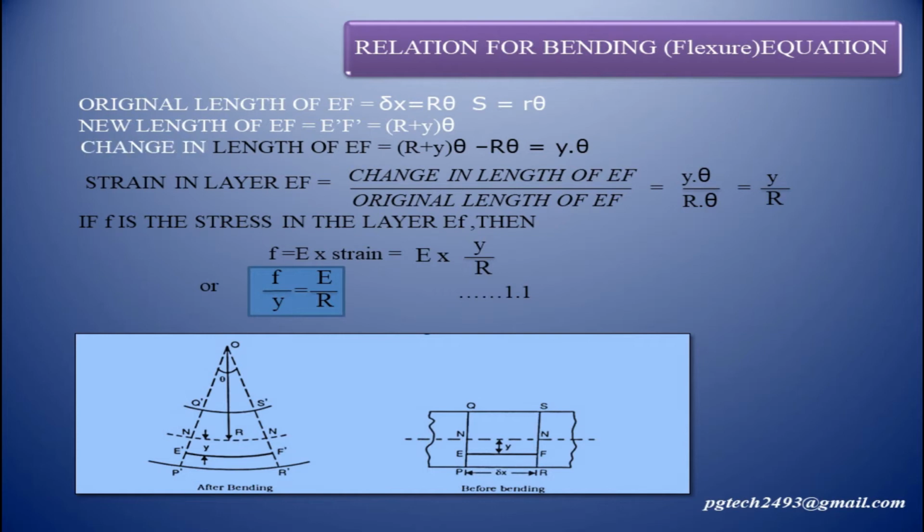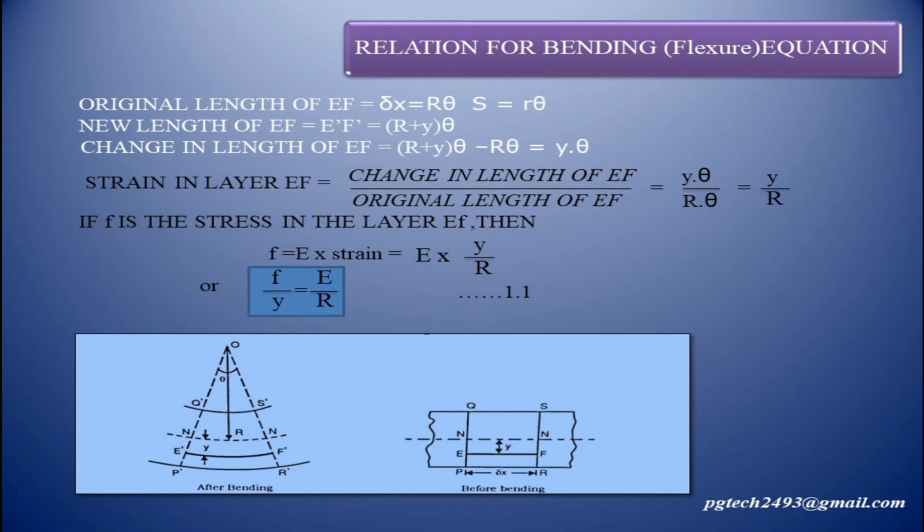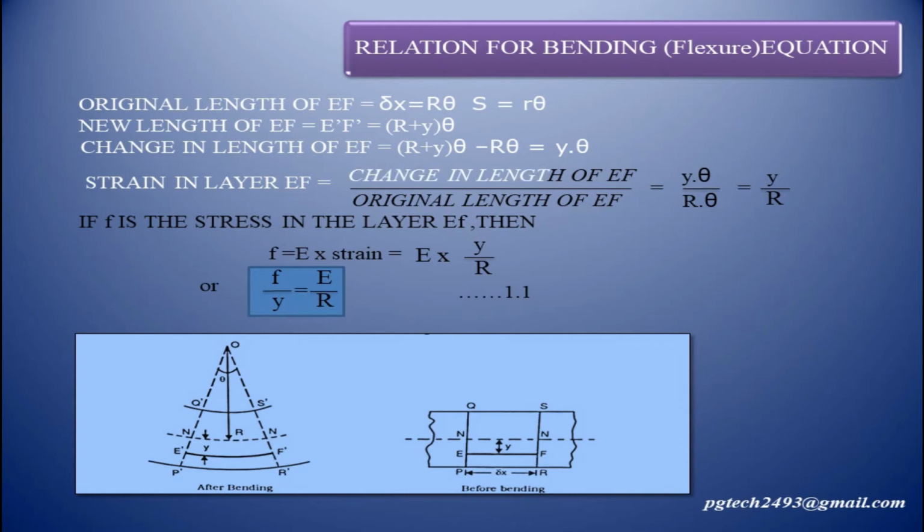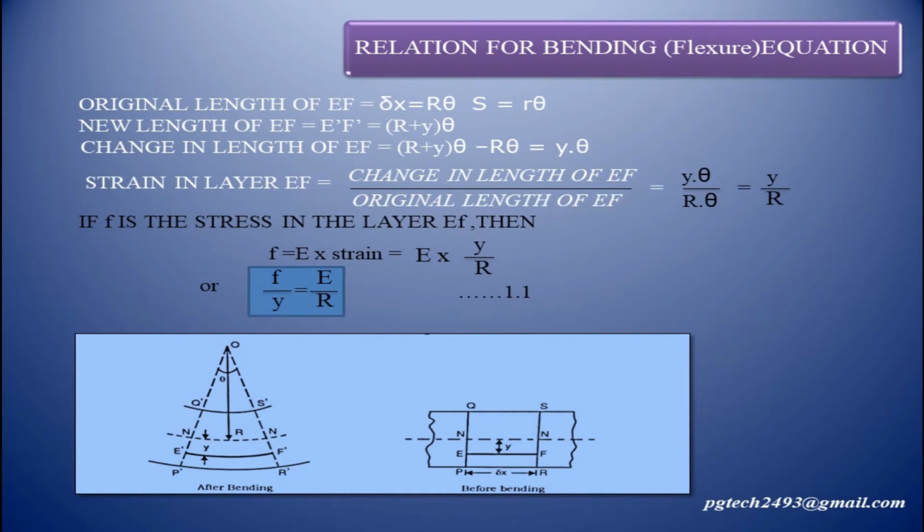So the change in length of EF is equal to (r plus y) theta minus r theta, that is equal to y into theta. So the strain in layer EF is equal to change in length of EF to original length of EF, which is equal to y theta upon r theta, which is equal to y by r.